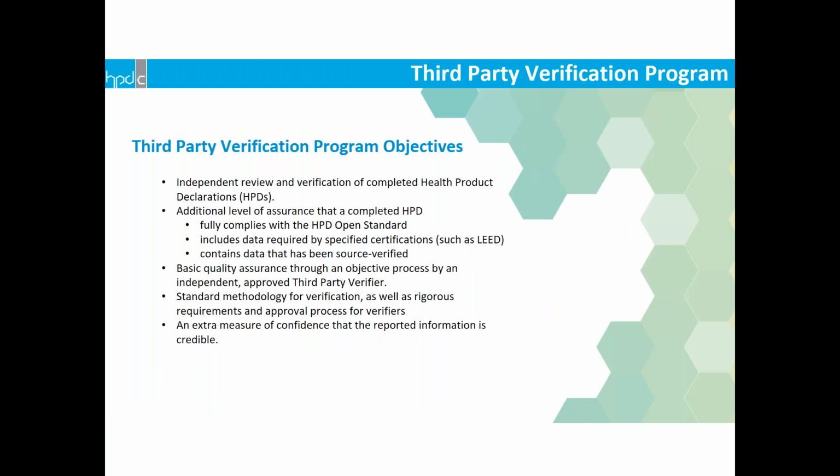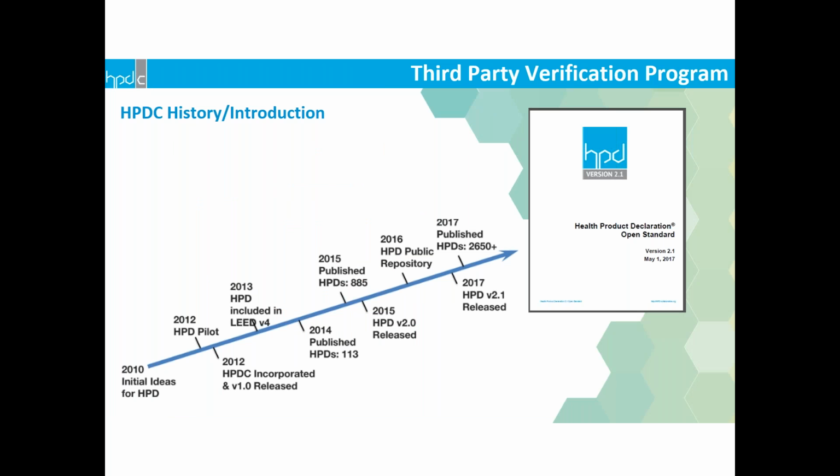And basically, our history goes back to 2009, 2010, when the Materials Research Collaborative and the other folks working on the beginnings of transparency and product optimization for the building industry realized that they had a bit of a stumbling block in their work because there wasn't a consistent way to talk about the materials and health issues related to those materials in building products.